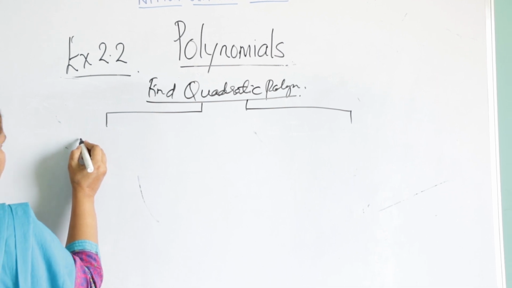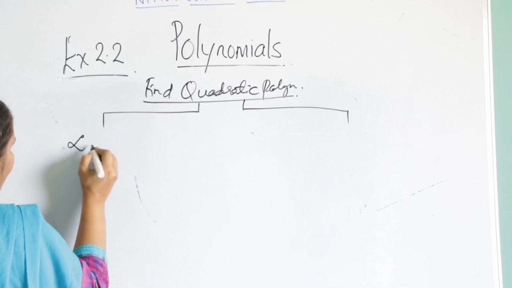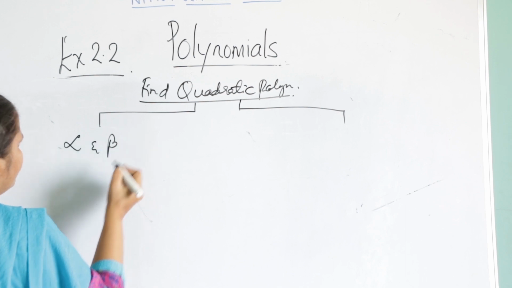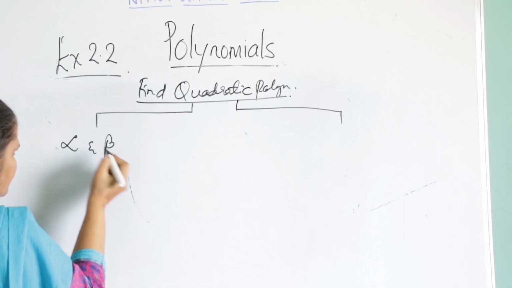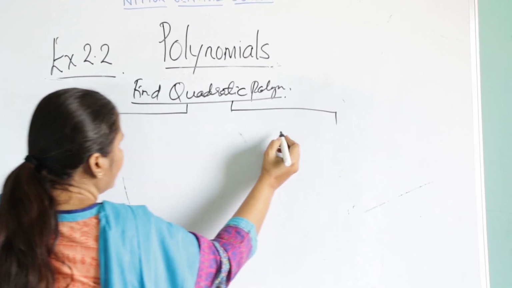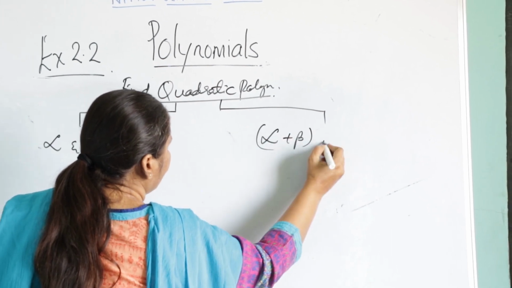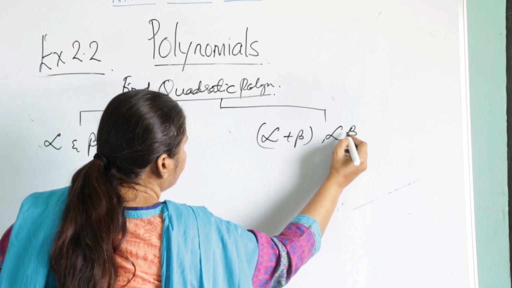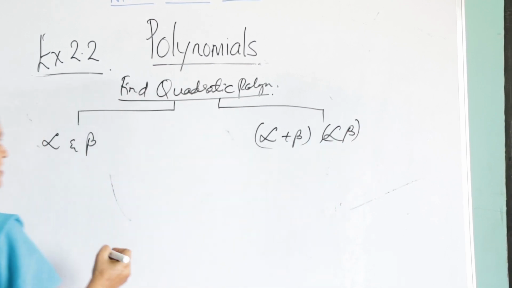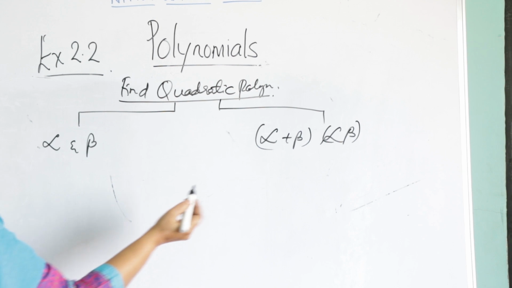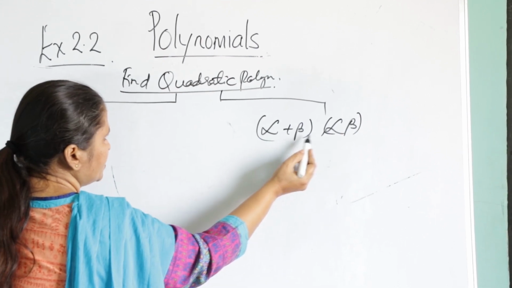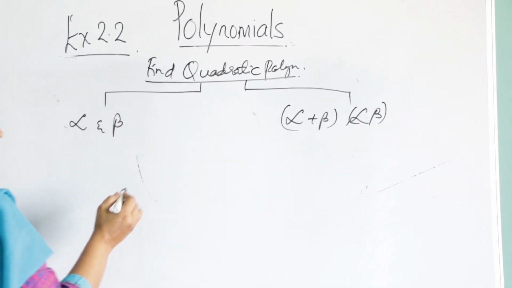One is the case where alpha and beta will be given, which means zeros will be given. There's another case where alpha plus beta and alpha times beta are given. Here zeros are given, here the sum of the zeros and product of the zeros are given.